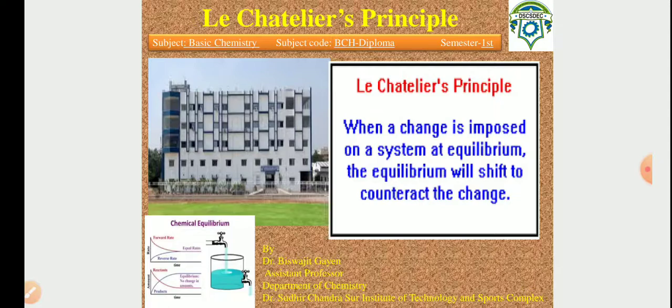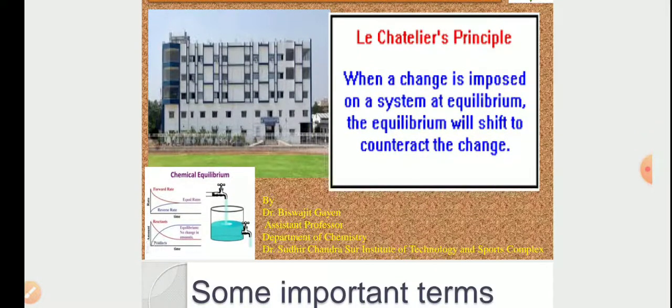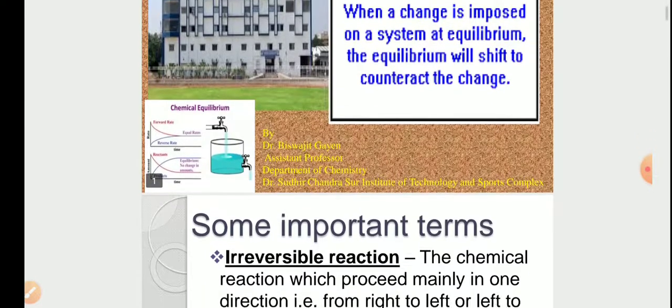Now, how do these parameters control or shift the chemical equilibrium?